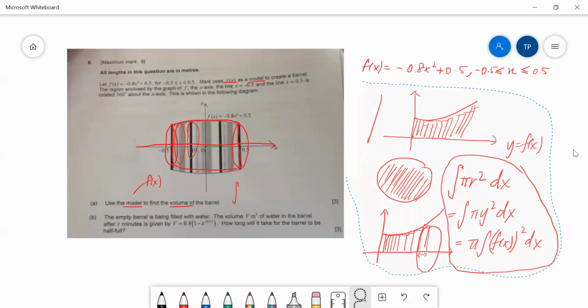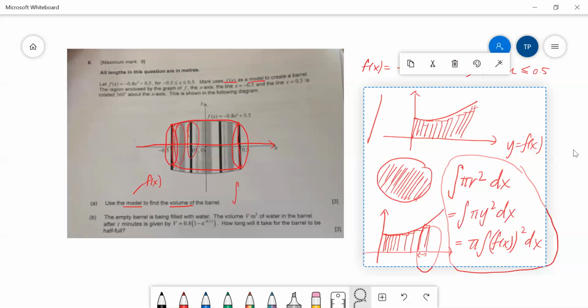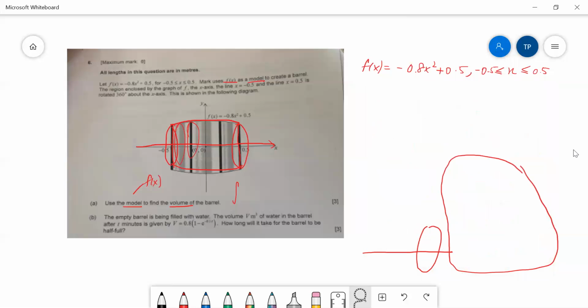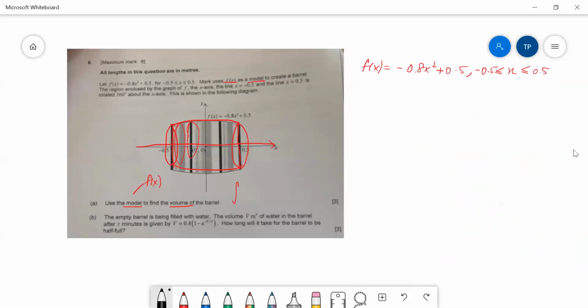For the range, you integrate from negative 0.5 to 0.5. That's all you got to do.